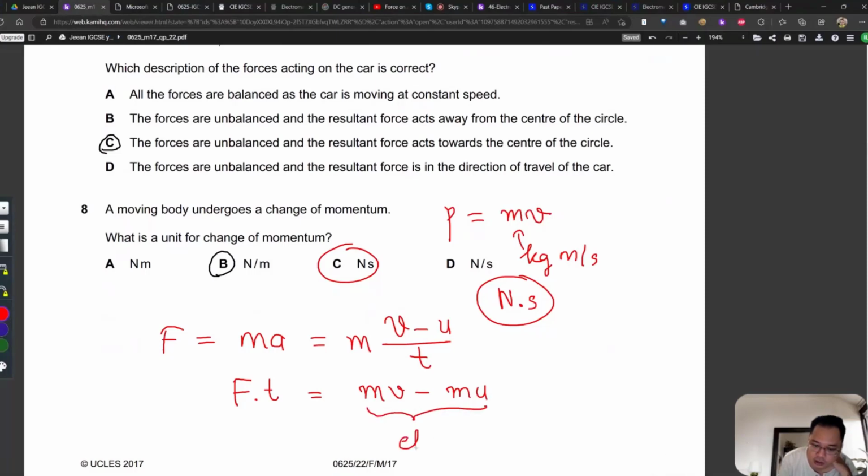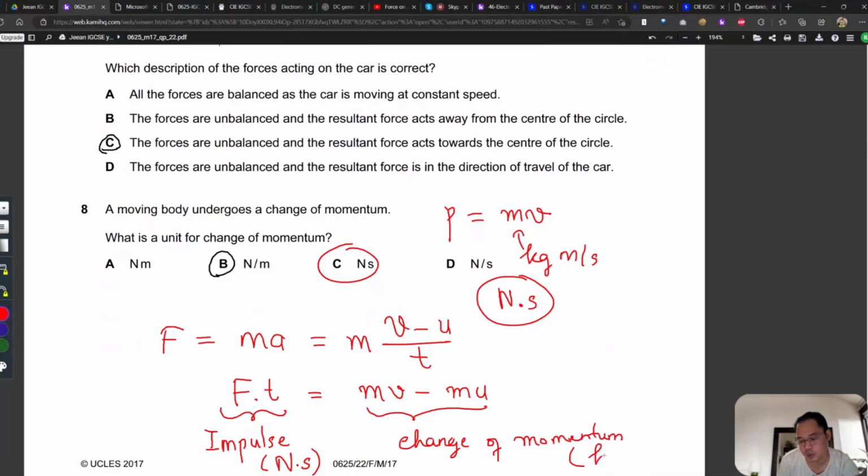This mv minus mu is the change of momentum, and this product, F times t, is called the impulse. The unit of F times t is Newton multiplied by second, and therefore the unit of momentum change, which is kilogram meter per second, is also equivalent to Newton times second.